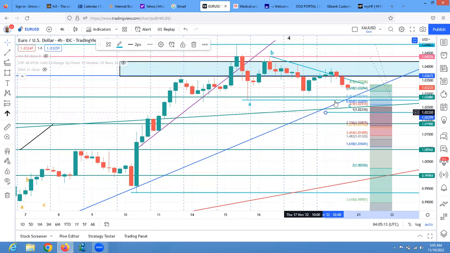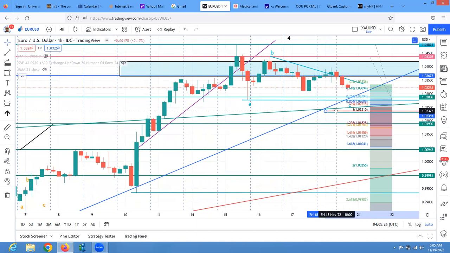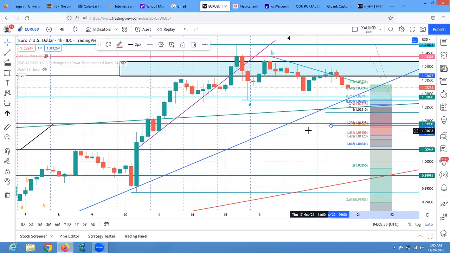And where you expect that price should make the last exit is at the red, which is 123, which is around here, which price may get to or not.